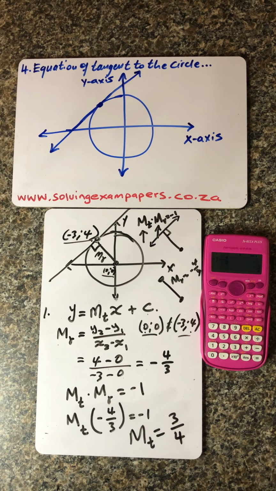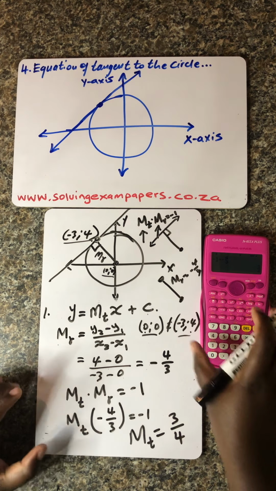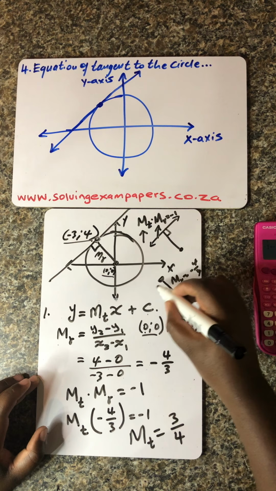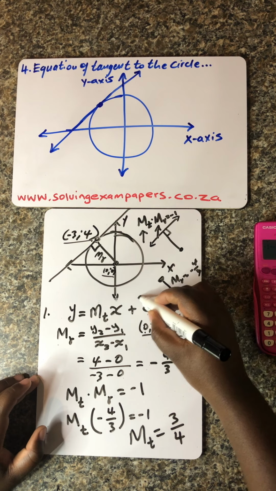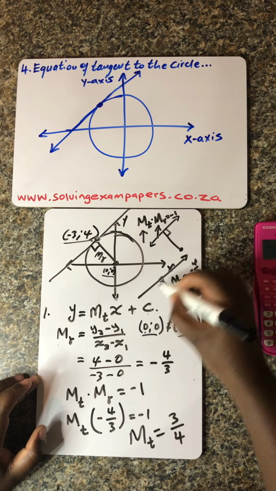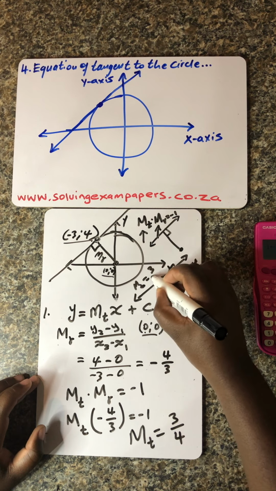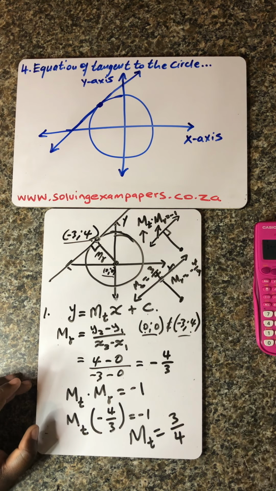I'm not sure if you're also getting the same answer, but this is what I'm getting when I do my calculations. So m of t, remember this is the tangent, is equal to 3 over 4.